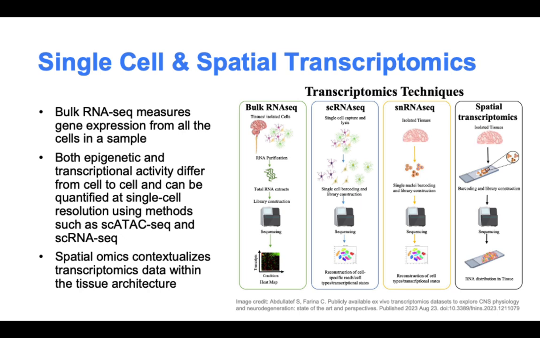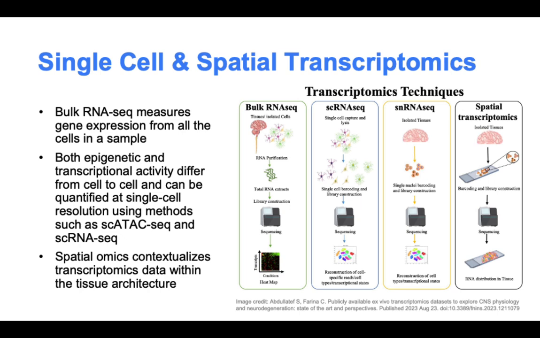So a tissue sample where we don't exactly know the specific composition of it, but we're just measuring the counts of transcripts that we see in that entire sample. But as I mentioned, we know that from cell to cell, gene expression activity is going to differ, especially depending on the cell type or other environmental factors around the cell. So that's why single cell has become so valuable now.